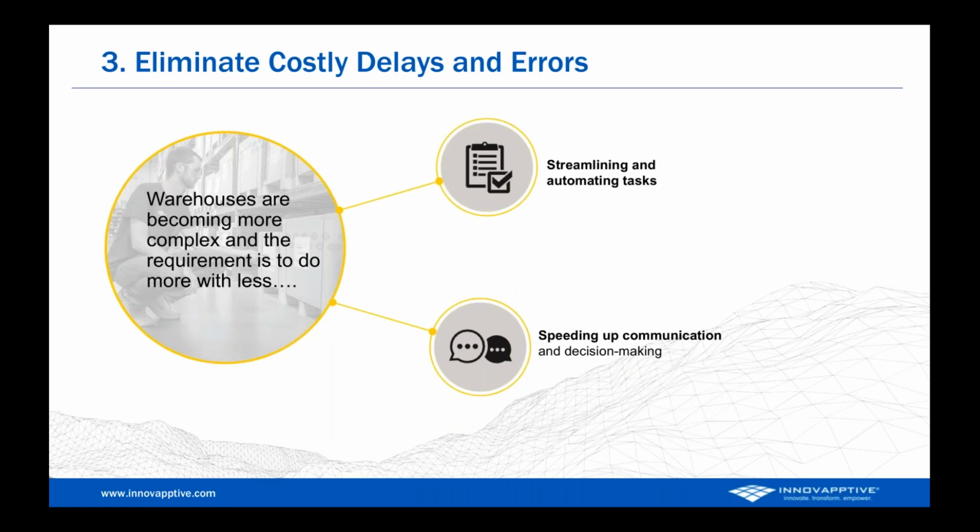And then eliminating delays and errors. I think that's probably a known benefit, but I think stock accuracy in a warehouse is sometimes underestimated, and we always view it as probably one of the most important elements of a warehouse operation. It really is an indication that all your processes are working, that people know what they're doing, if you've got high levels of stock accuracy.